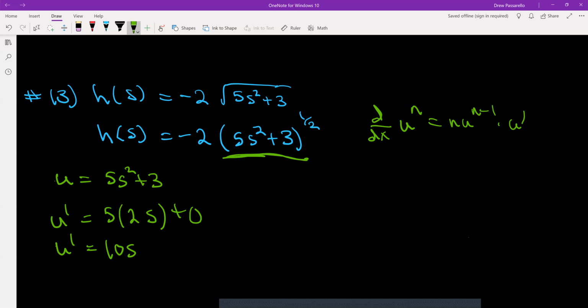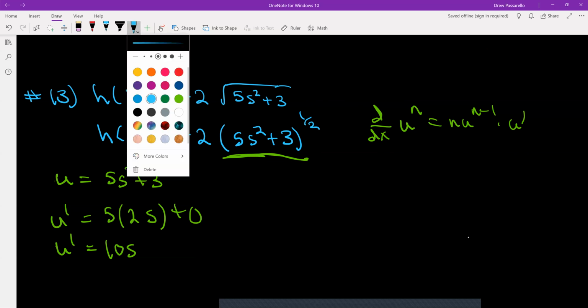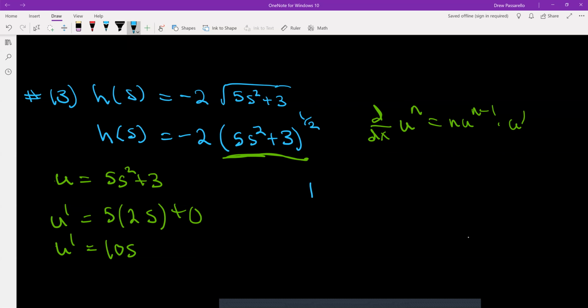All right, so if I were to find h prime, again I'm just going to write the -2. And then in parentheses, I'll worry about finding the derivative of everything. So the derivative of the outside function, I'm doing this part now.